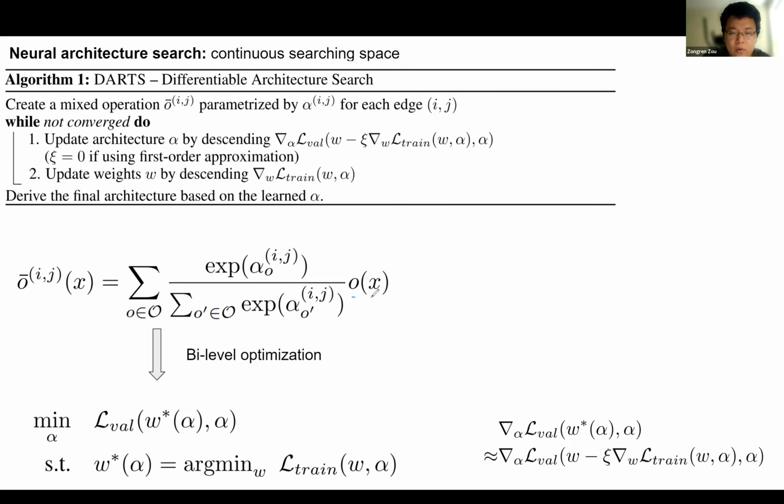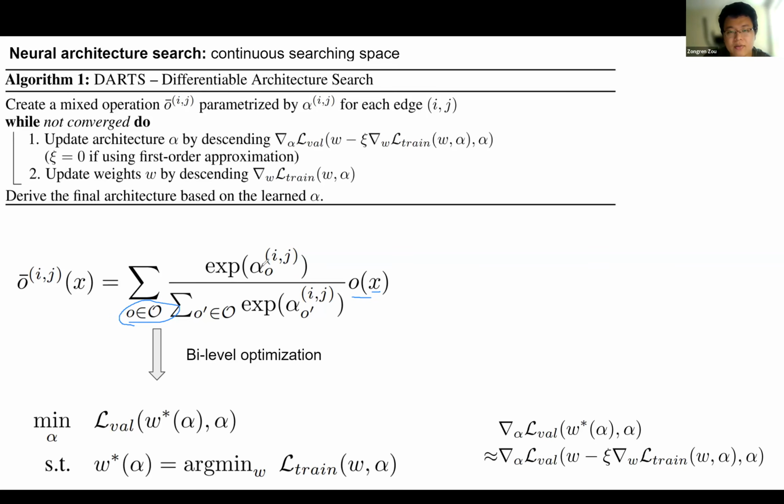So here O denotes the operations, such as, if we're searching activation function, O could be different activation functions. This set could contain, let's say, hyperbolic tangent, ReLU, sigmoid, swish, and this X is after the linear transformation. So this O is a nonlinear activation function.